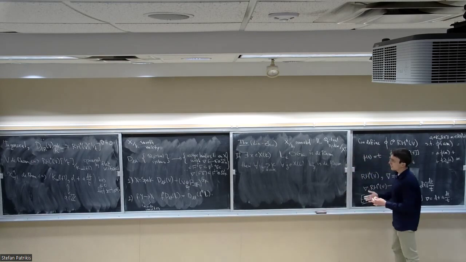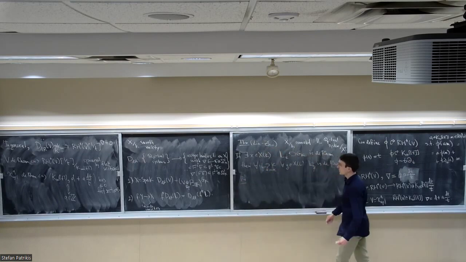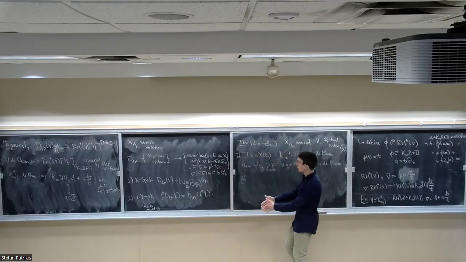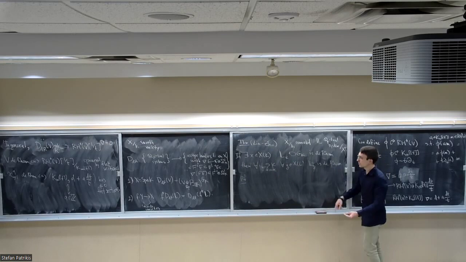right? So why is it true? I claim that it's formal from these properties. Because I claimed that there's a single vector bundle which interpolates between the result of applying D_dR to all the stalks.